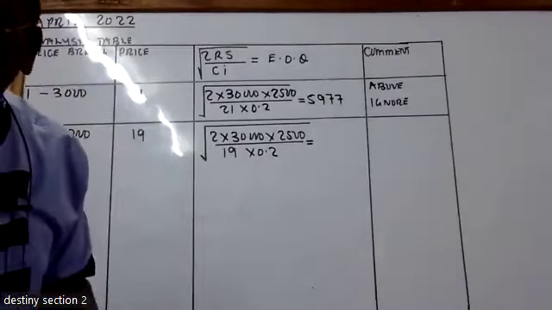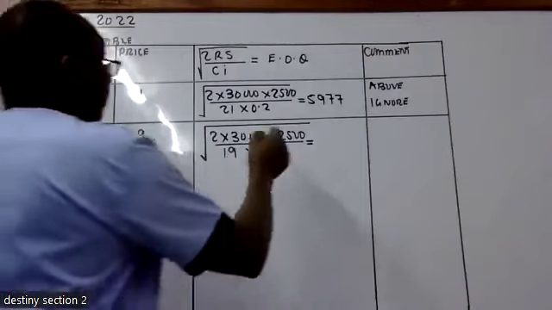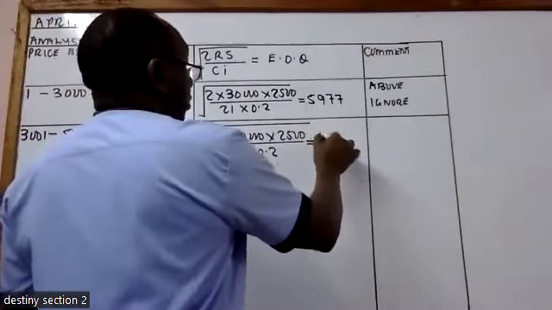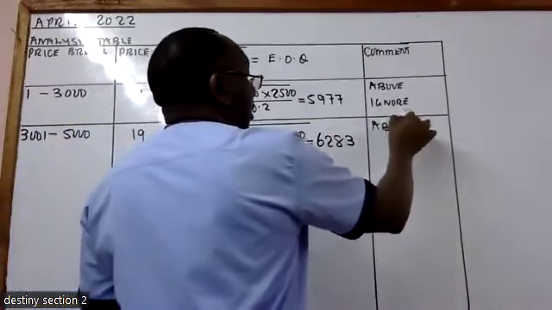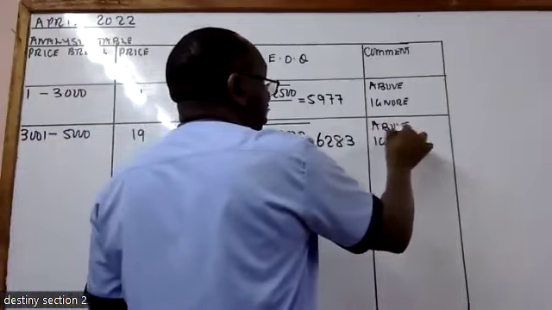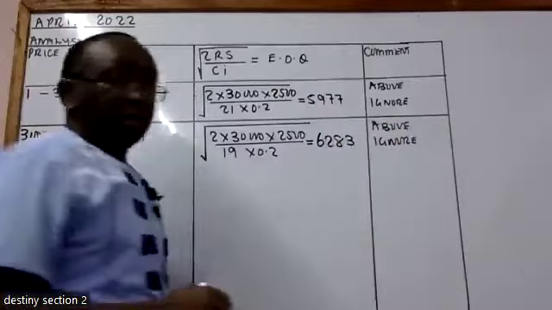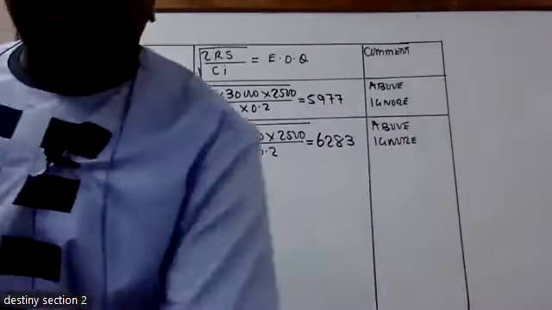Yeah, good. I can see 62.83. So 62.83 is also above, and therefore we ignore it.